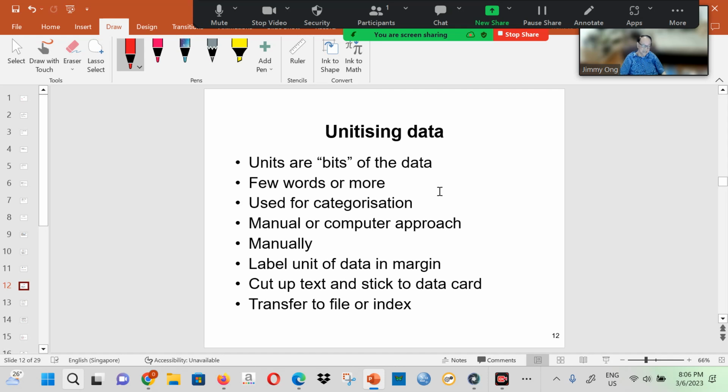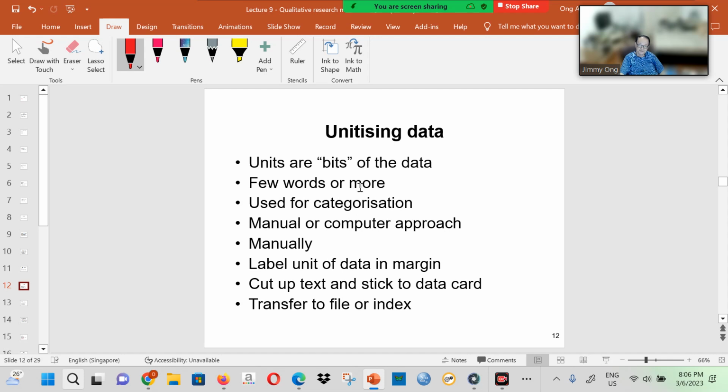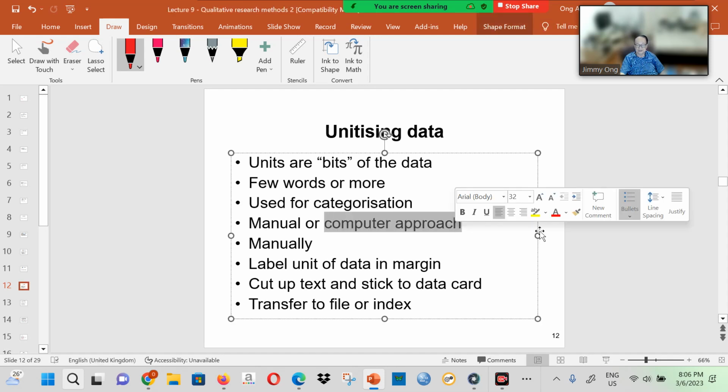Okay, you need to unitize. What do you mean by unitize? Because there are data here and there, so you need to join the data. You don't have to use so many words. And I ask you to use a computer approach.